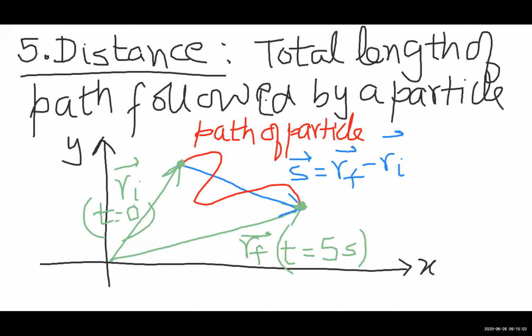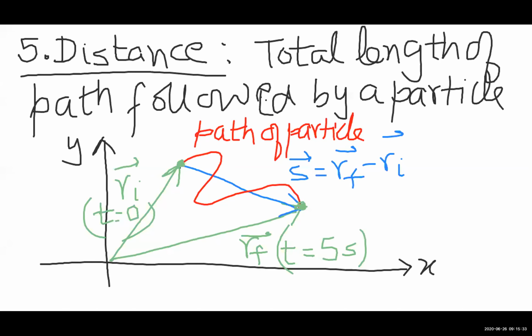The displacement of the particle does not care about the path taken by the particle. The displacement of the particle is only concerned about the location of the particle at t is equal to 0 and t is equal to 5 seconds, right?